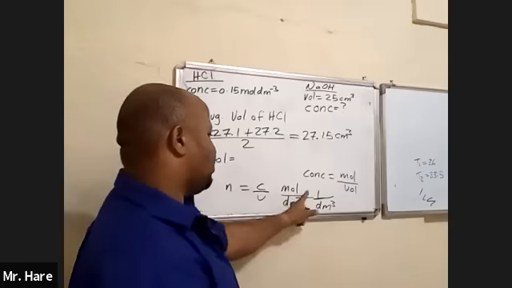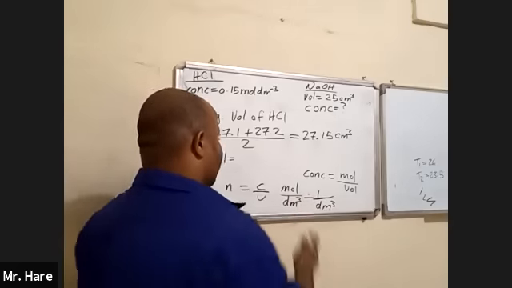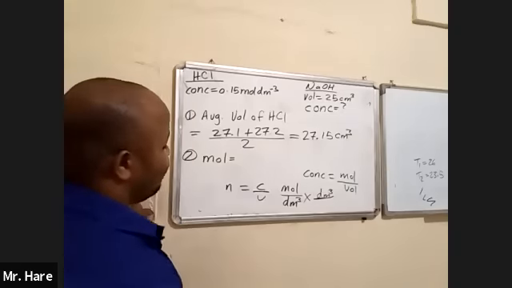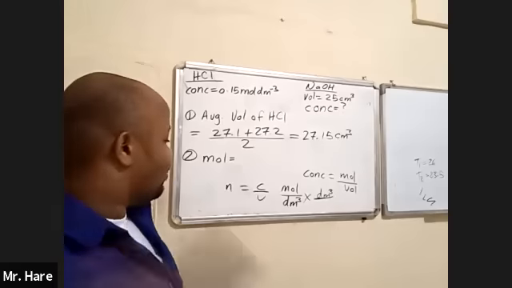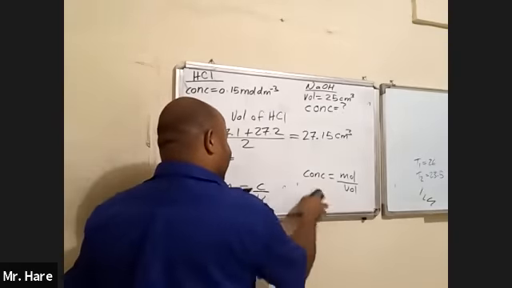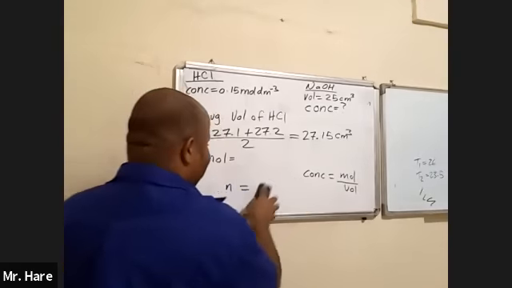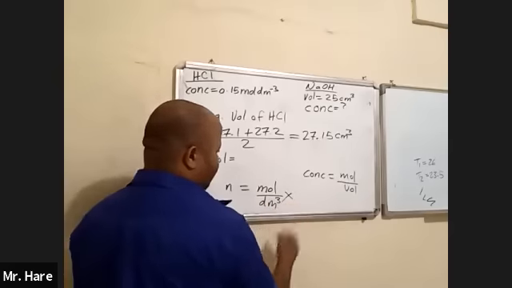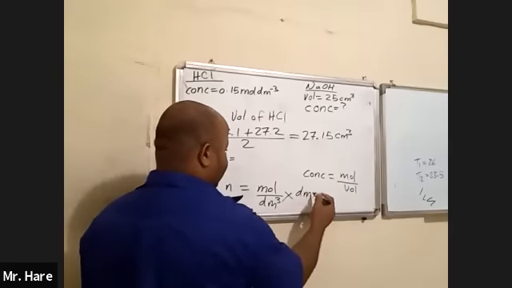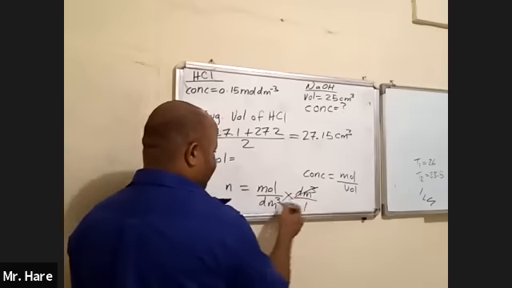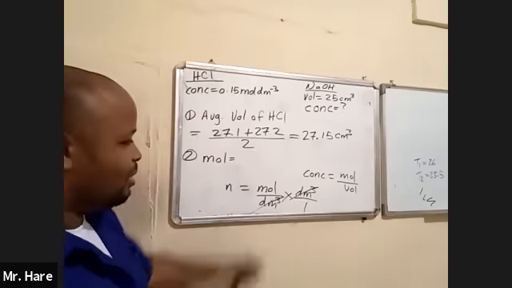Mole per dm cube divided by 1 over dm cube. The dm cube cancels and I'm left with mole. But I'm supposed to multiply. Moles is concentration times the volume. Mole per dm cube times volume, which is dm cube over 1. So we end up with mole.